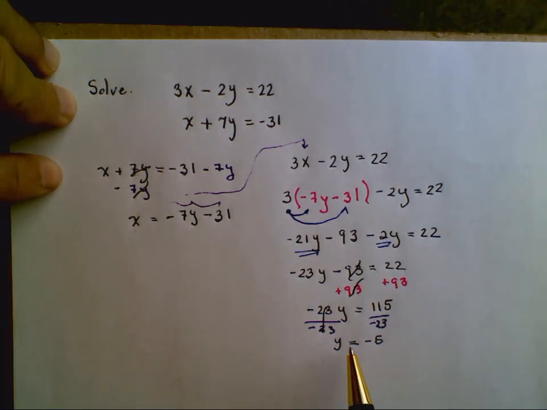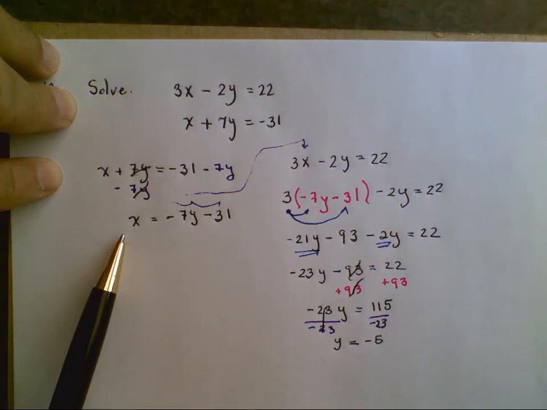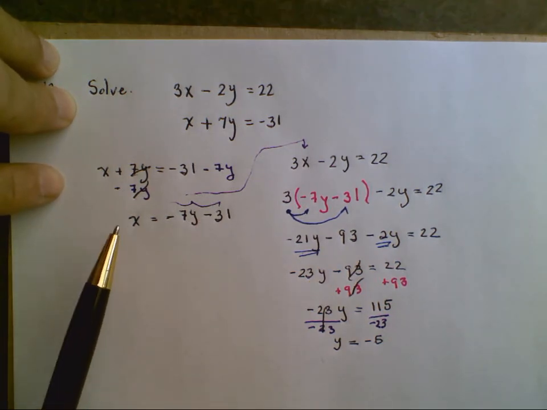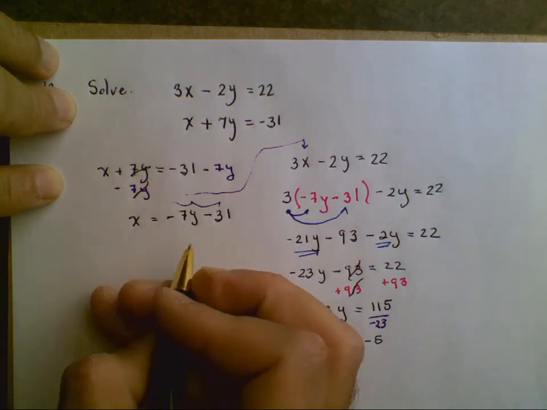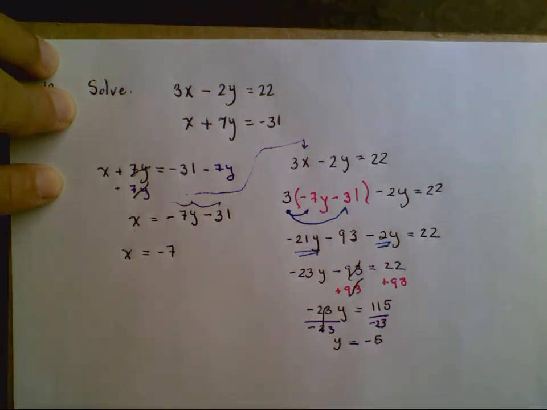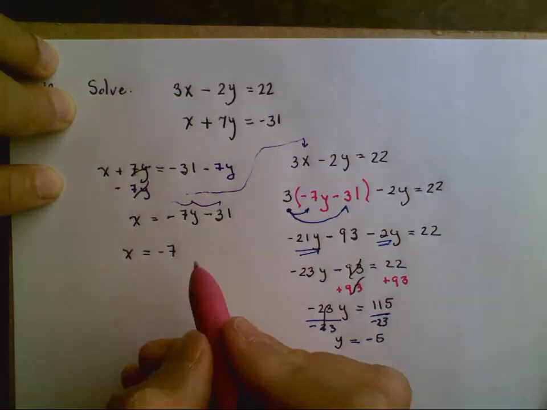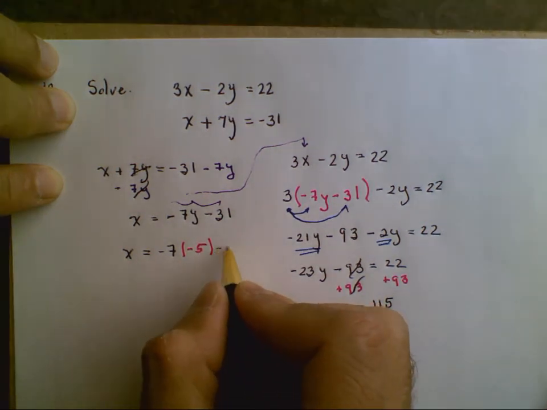Now what I'm going to do is take this number and plug it into the equation that I already solved for x. So I have x equals negative 7y minus 31. So I have x equals negative 7, and I know the value of y is negative 5, minus 31.